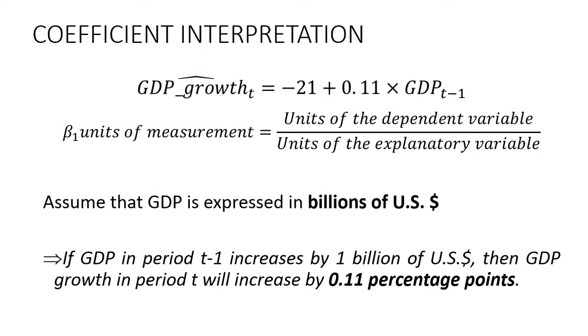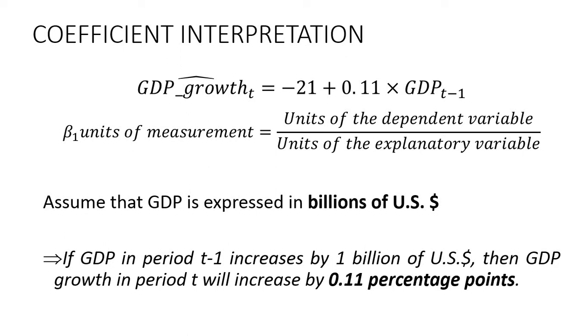In the example of regression model output presented on this slide, the coefficient of GDP in period t minus 1 is equal to 0.11. In this regression model, we examine how GDP growth in period t, let's say in 2020, depends on the value of GDP in period t minus 1, let's say in 2019, in the previous period.